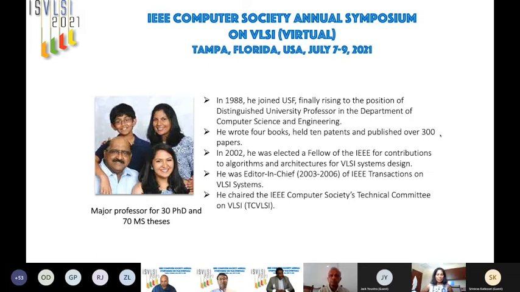He also directed 70 master's theses. You are all familiar with Saraju Mohanty, Himanshu Thapliyal, Vijay Narayanan, and Sanjukta Bhanja. They have all done extremely well, and they are all products of Ranga's advisorship. Here, Ranga has a family of 4, 2 kids.